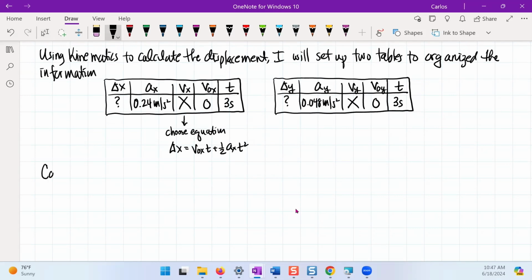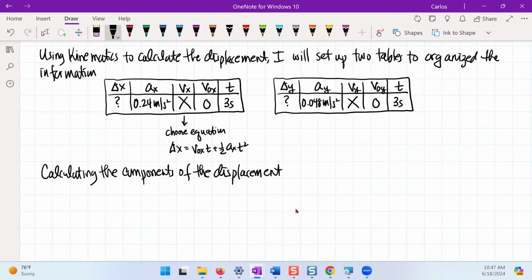So calculating the components of the displacement, I have delta x, the initial speed is 0, then I have 1/2 a x t squared, and I'm just going to punch in my numbers.